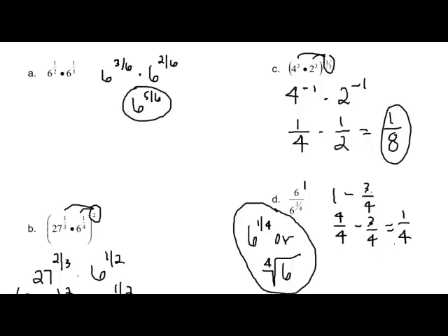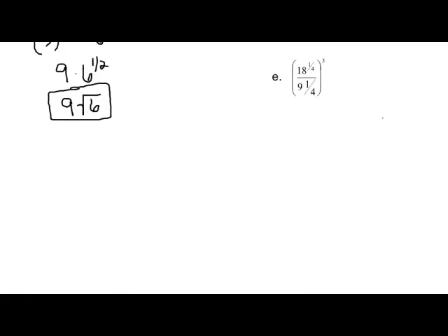In our last example on the first page, we have 18 to the 1/4 and 9 to the 1/4, and all of that is cubed. Notice here that we have a common 1/4 power inside our parentheses. So what we can do is the opposite of our power to a power.